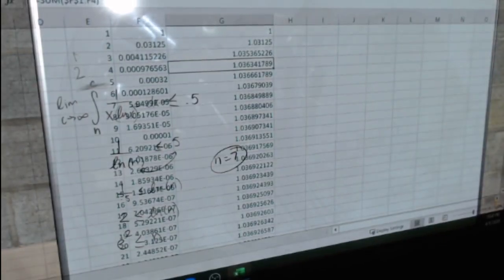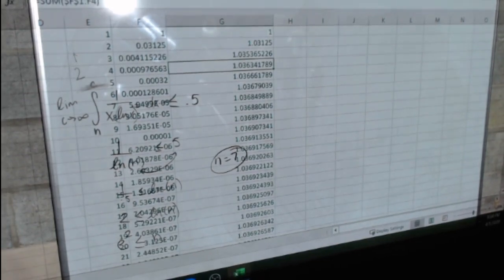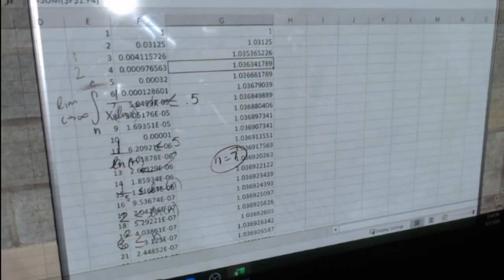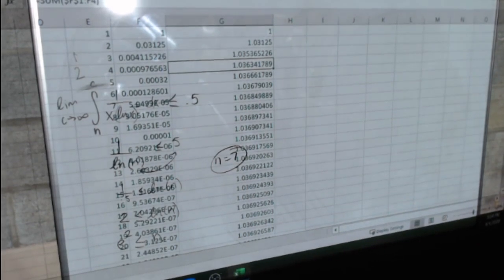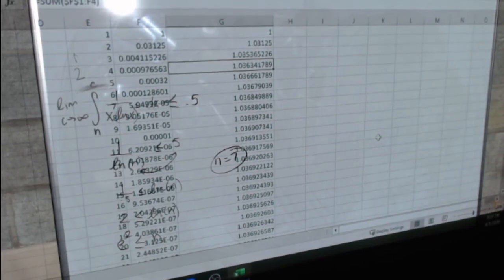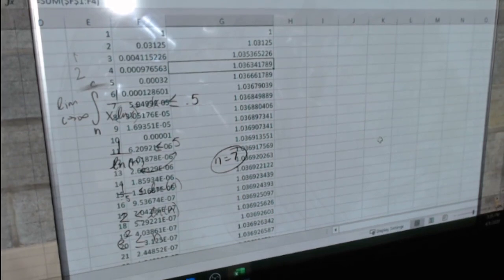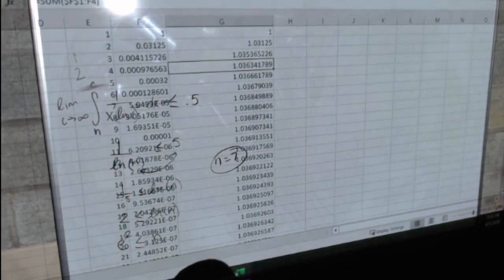So let me open up a new page here. Where's the workbook? Oh, it's way over here. I can't see it. There we go. Come on, mouse.